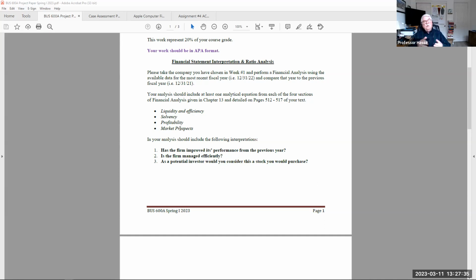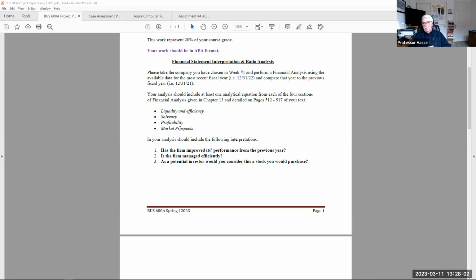Don't base your answers on other information, just on those 4 that you selected in this section. Has the firm improved its performance from the previous year? Is the firm managed efficiently? As a potential investor, would you consider this a stock you would purchase? Just based on those 4 equations.